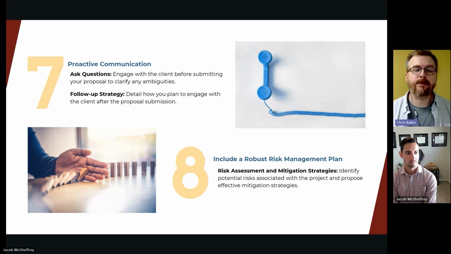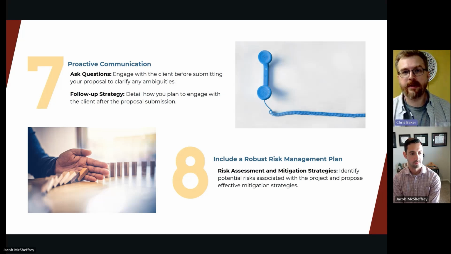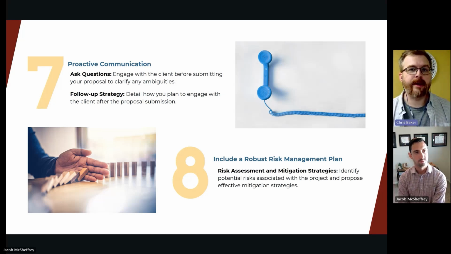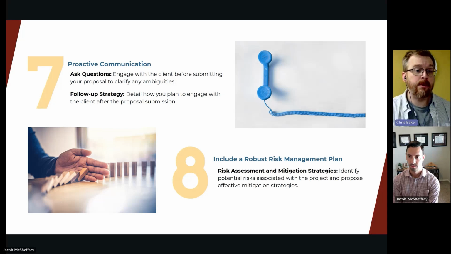And then having a follow-up strategy. This is something that, kind of like we talked about, making a checklist and highlighting stuff in the RFP. Have a follow-up strategy before you go into this. Detail to yourself how you plan to engage with the client contracting officer after submitting the proposal to discuss any further needs or adjustments.